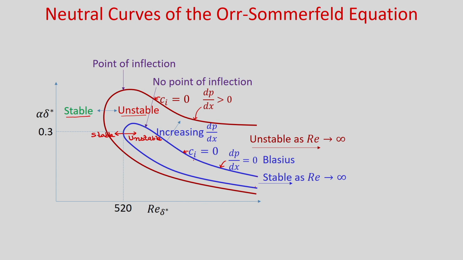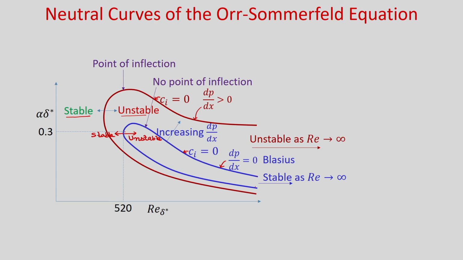This is the viscous neutral curve, and when you increase dP/dx, you will get an inviscid neutral curve, and for Re tends to infinity this will remain unstable. And you can see that there will be no point of inflection in the Blasius neutral curve, but there will be a point of inflection for the inviscid neutral curve.